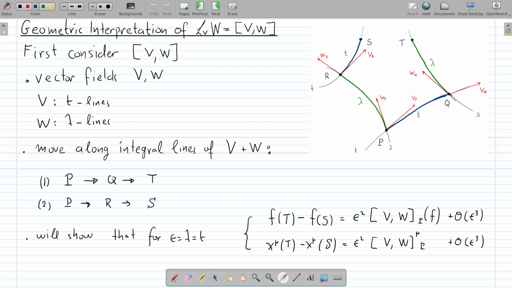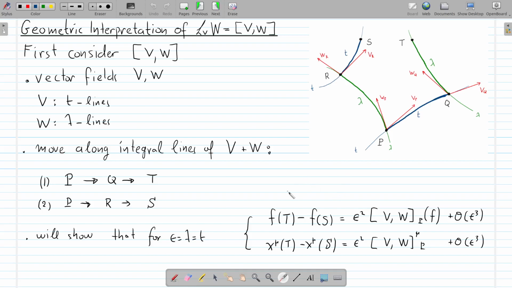Then from Q, we move along a lambda curve and arrive at the point T. Then we walk from the point P to the left by first walking on a lambda curve, arriving at the point R, and then riding on a t curve to the point S.